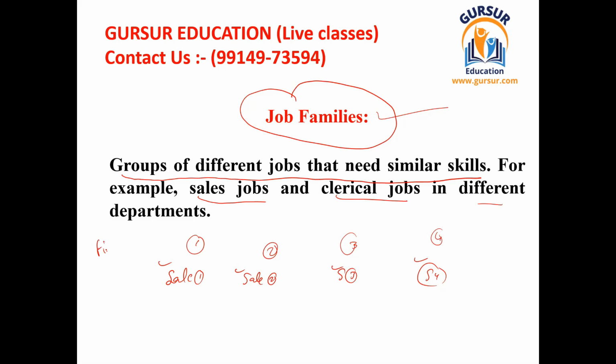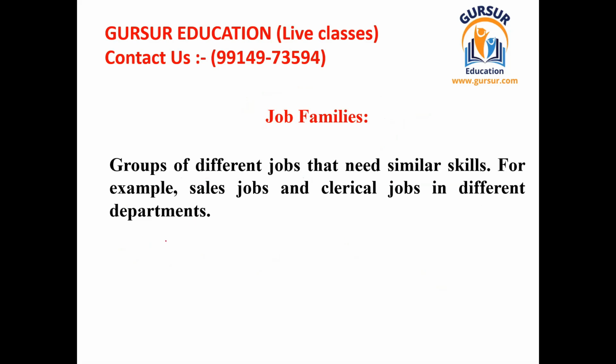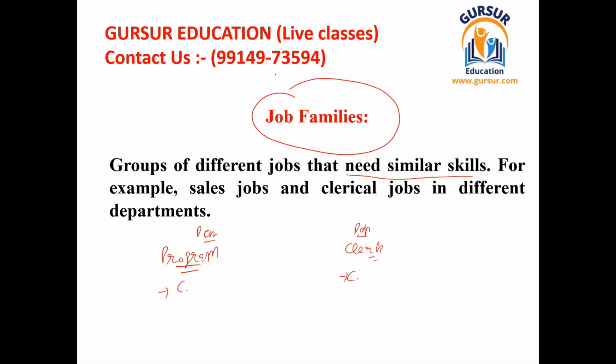This is the first example. For the second example, suppose there is a programmer in department 1 and a clerk in department 2. They both need similar skills; each must have knowledge of a computer. Then they make a job family. So there are two ways job families can be created.